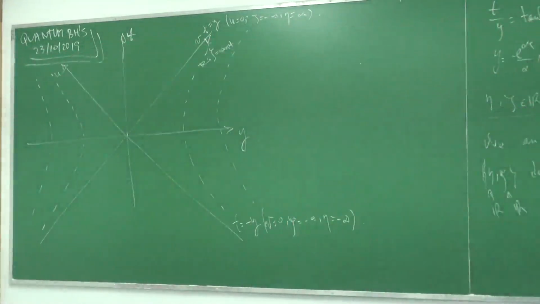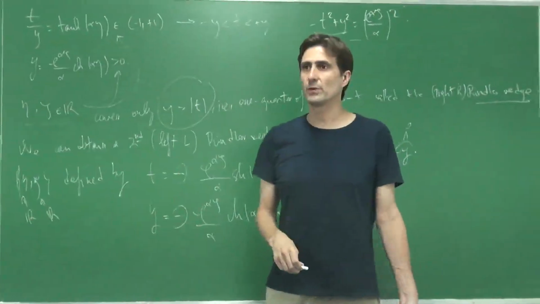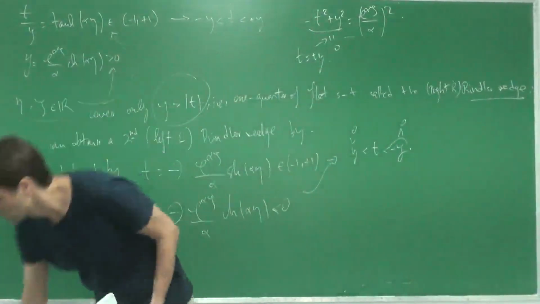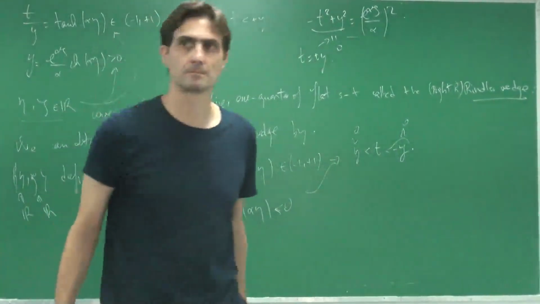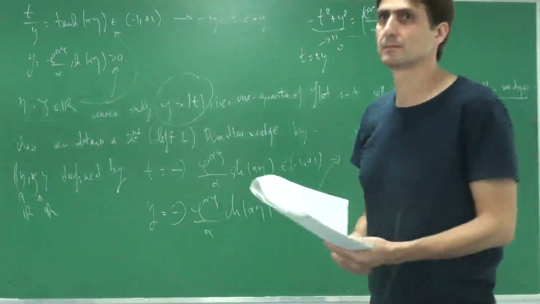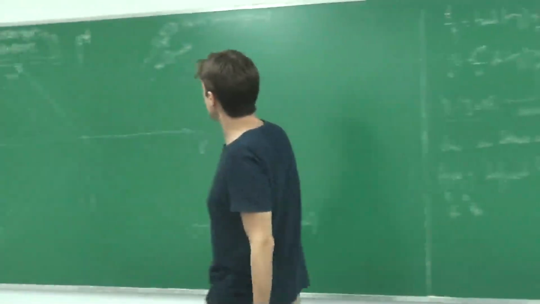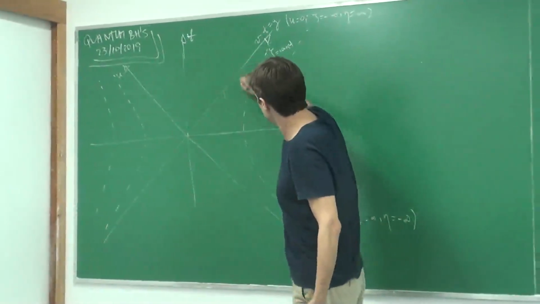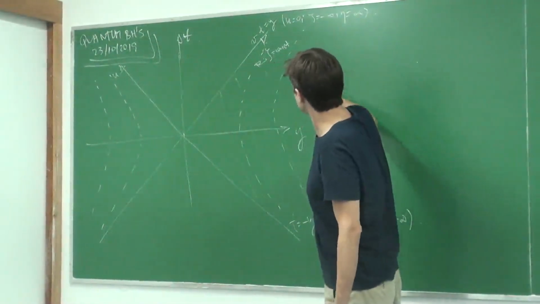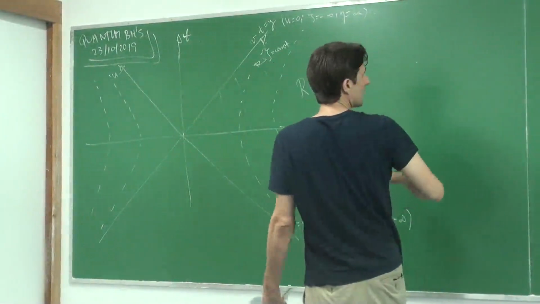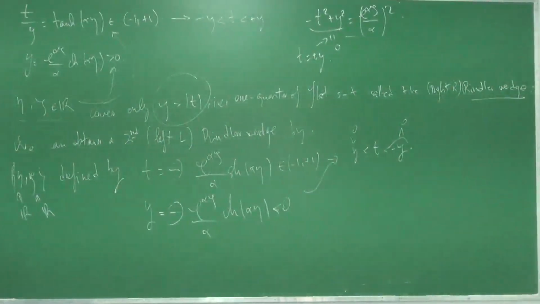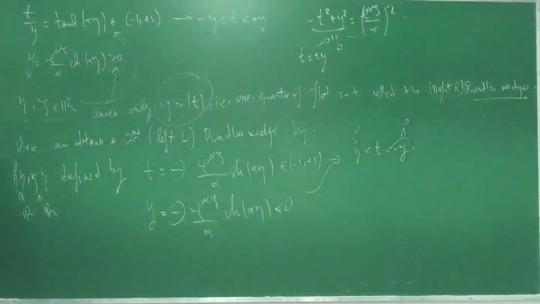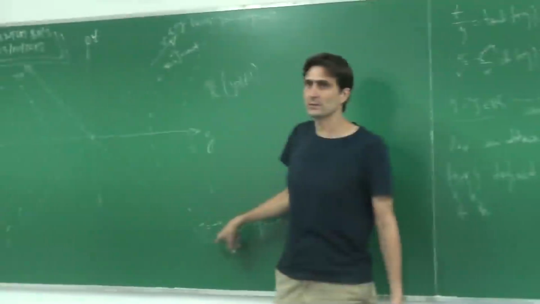Okay, which region is the right Greenland wedge? Yeah. So this region here, this is R, or y larger than absolute value of t. Y equals absolute value of t would be equal to this.